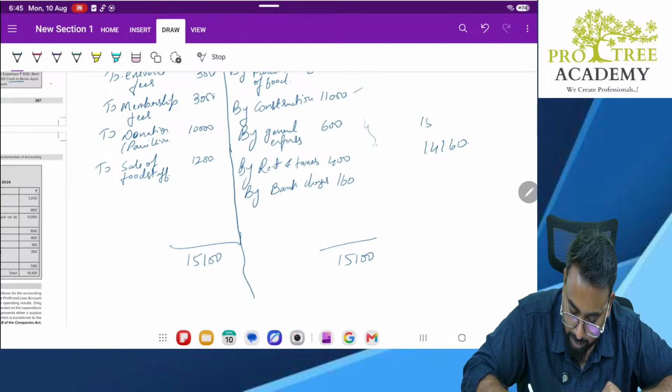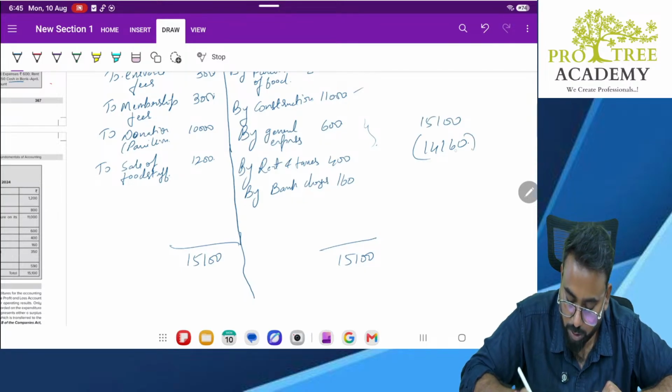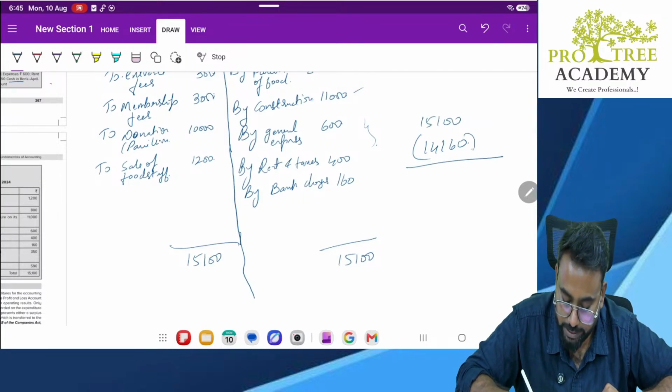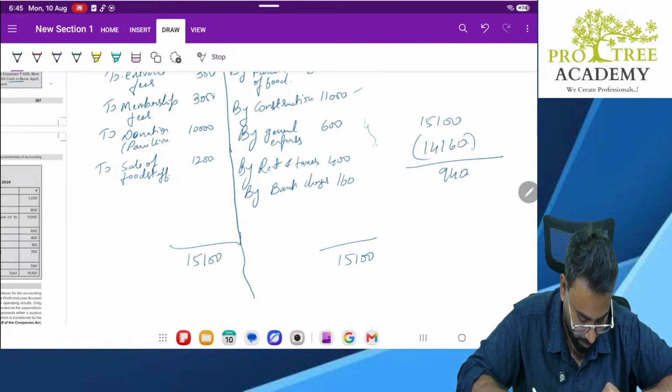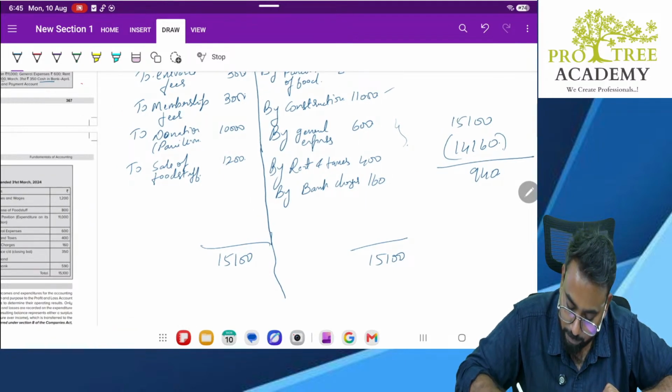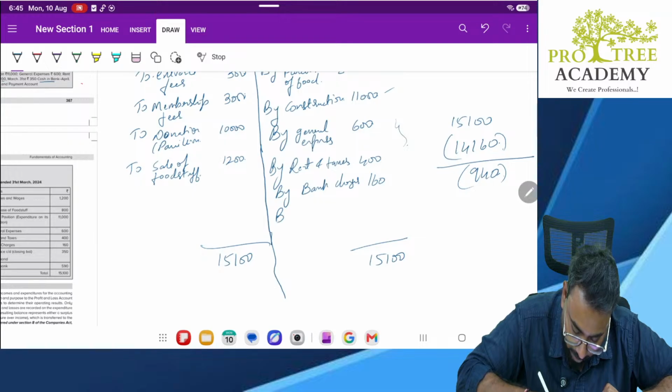So 15,100 minus 14,160 will give you how much? Can you please calculate? 940. It should be 940. So that itself will be your by balance carried down.